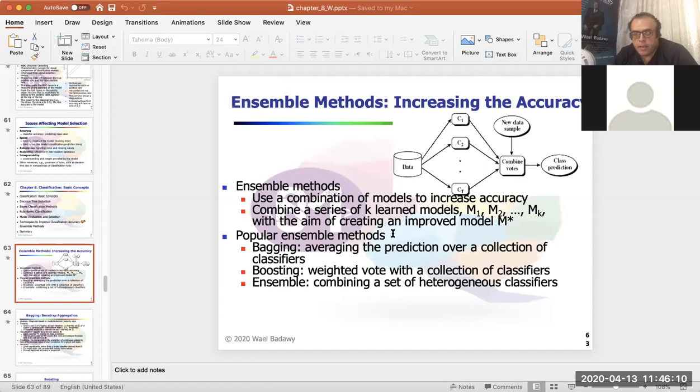So I say this classifier is more accurate, so if this classifier gives me this particular data, I will give it more weight. Then there is the ensemble, which in French means set. And ensemble here means I combine a whole set of heterogeneous classifiers.